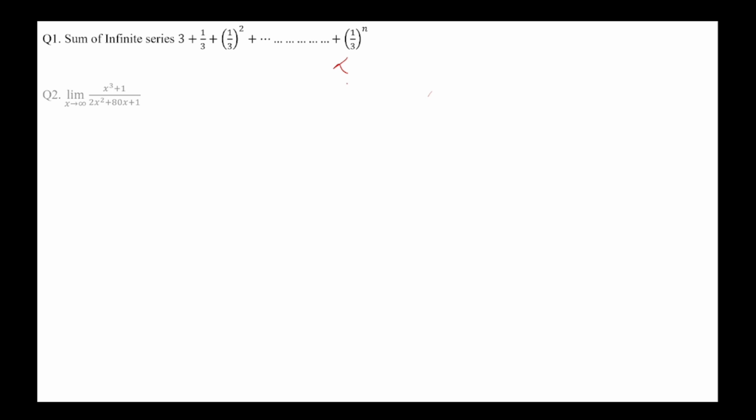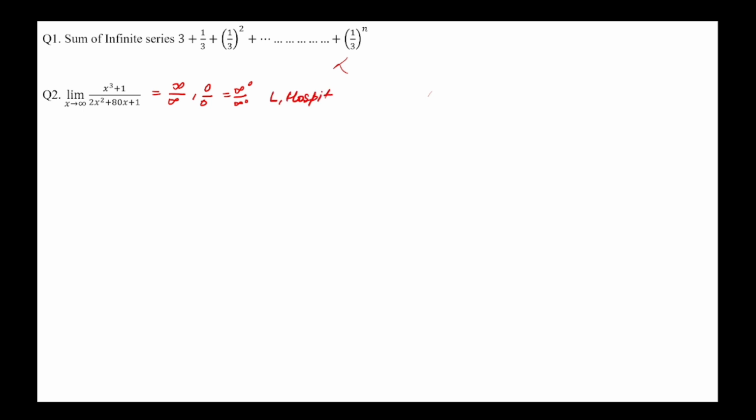Question 2. Limit x tends to infinity of (x cube plus 12x square plus 80x plus 1) over the denominator. If I put the value of x as infinity, then it will give infinity by infinity. And we know that when there is an infinity by infinity or 0 by 0 form, then we will apply L'Hospital rule.